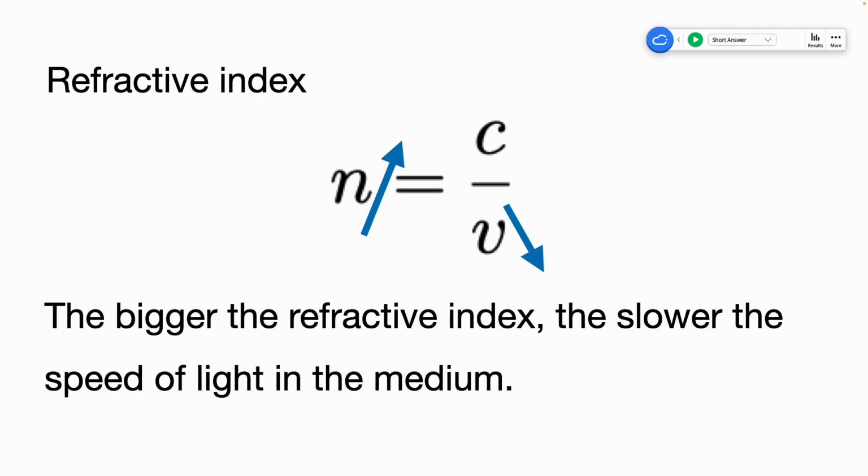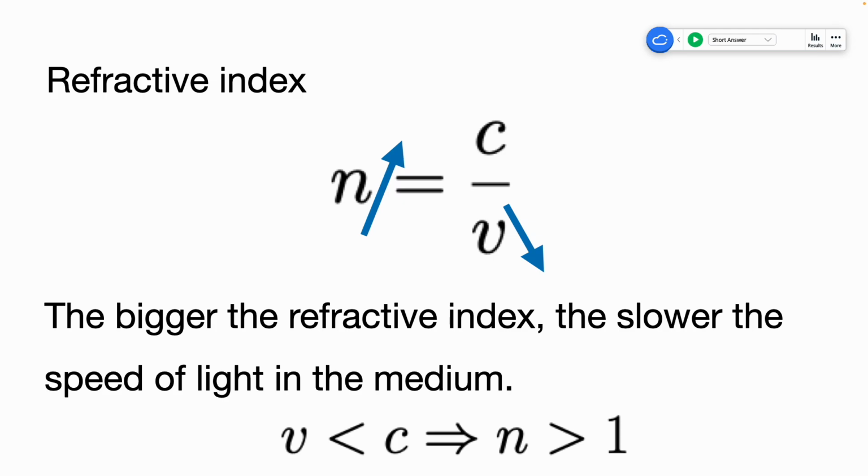And because the speed of light is the fastest in vacuum, the refractive index of a material must always be bigger than 1, because if the denominator is always bigger than the numerator, then it's always bigger than 1. Okay? So have some sense that a refractive index should be bigger than 1. If you do your experiment and give me a refractive index smaller than 1, your lab TA will laugh at you. Okay?